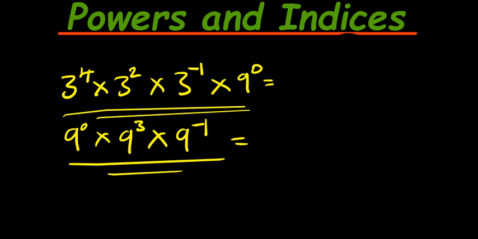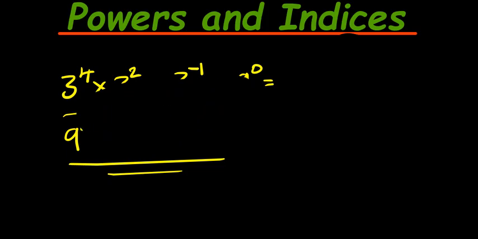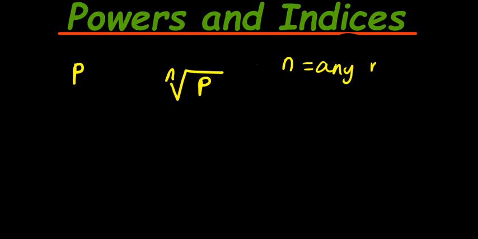Now let's try to discuss a little bit about roots. The nth root of any number, let's say we have p, is denoted by the nth root of p, where n can be any number, and p can be any number.